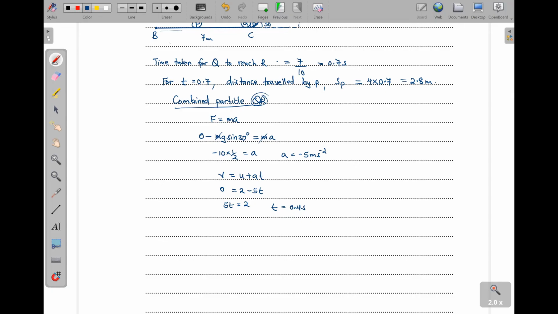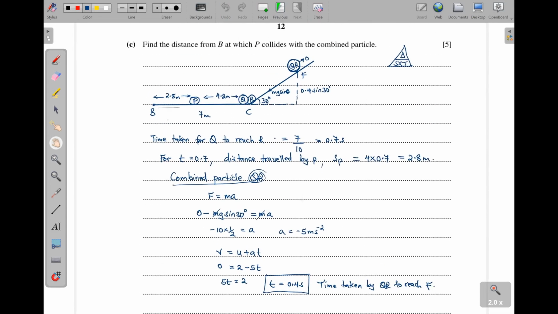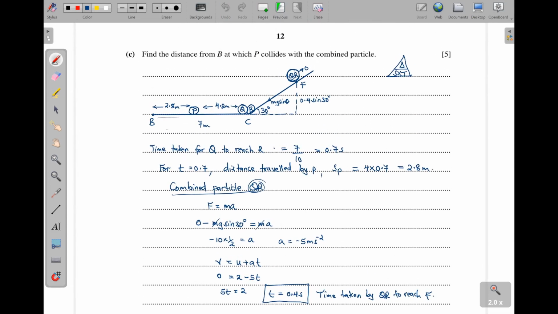Okay, so this is time taken by the combined particle QR to reach F. Now, since the movement here is symmetrical, the time taken to reach here is the same time taken to come back to this position here. You see? So, therefore, time taken by QR to return to C is also going to be the same, 0.4.